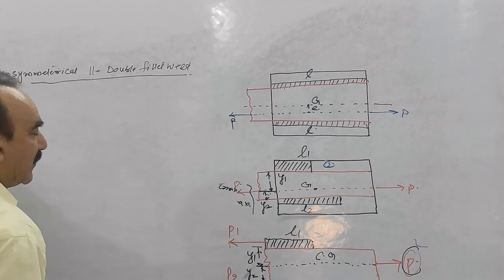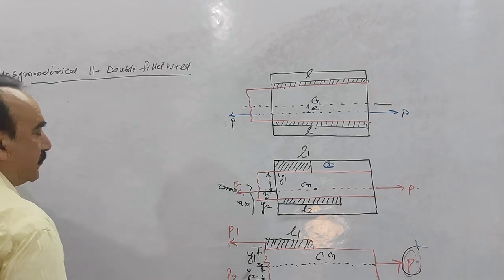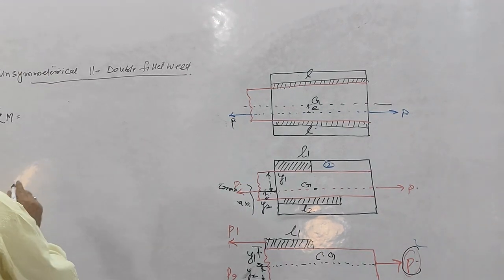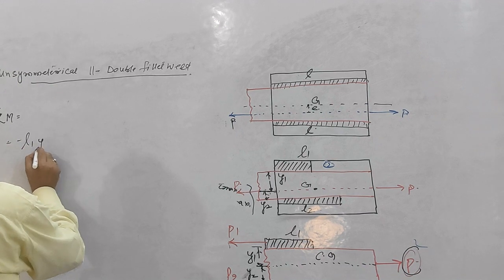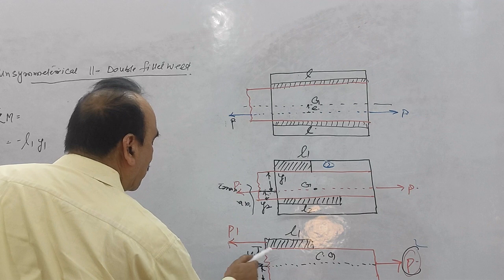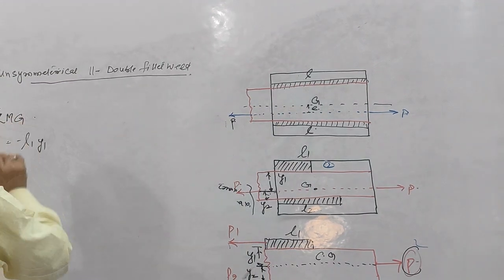So now see, therefore this will come as minus L1 Y1. This moment is anti-clockwise because we are taking the moment at G, the centroid.